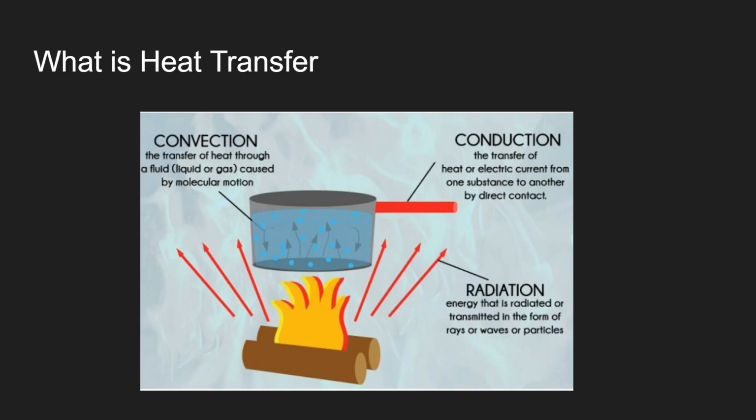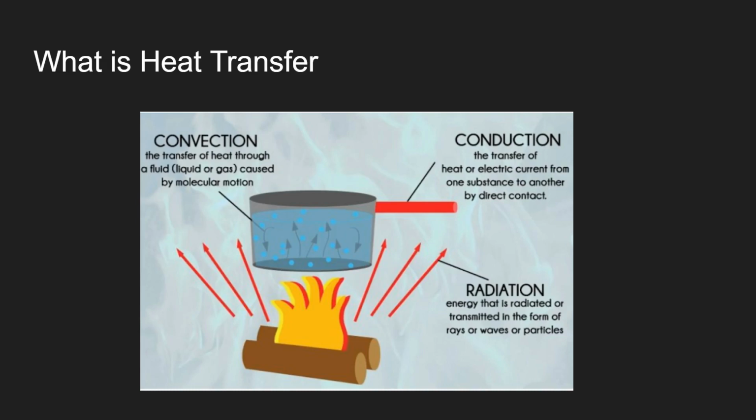So if you have two bodies at different temperatures, one at a higher temperature and another at a lower temperature, and you bring them in contact, then you know that heat will flow from the hotter body to the cooler body, right? And how long will the heat flow? Until the temperature gets equalized.